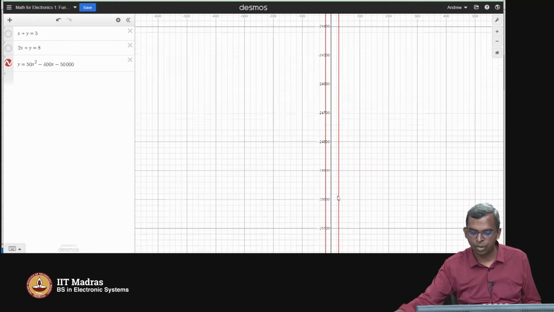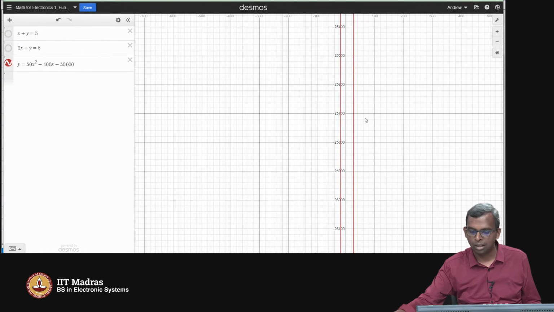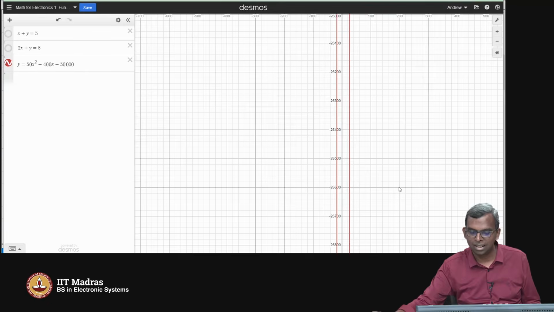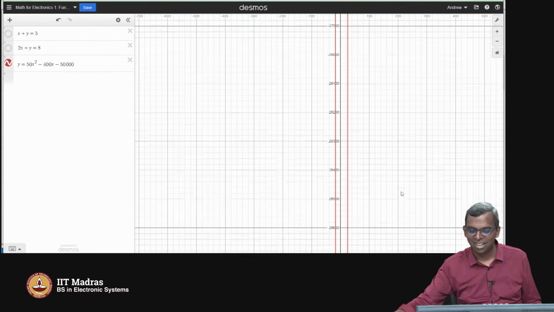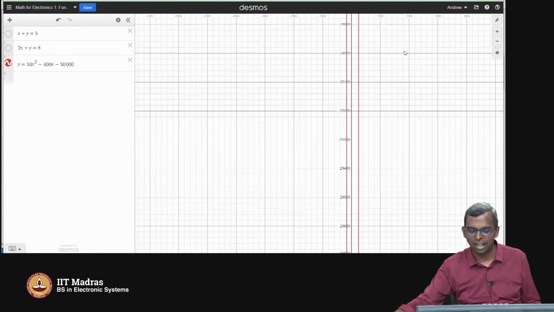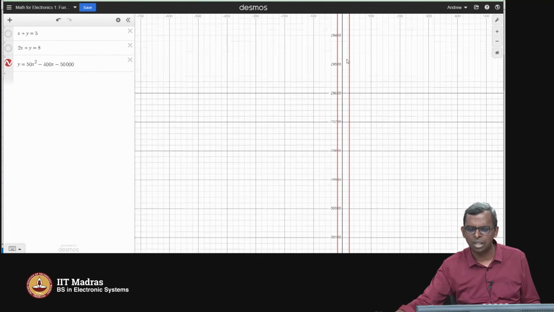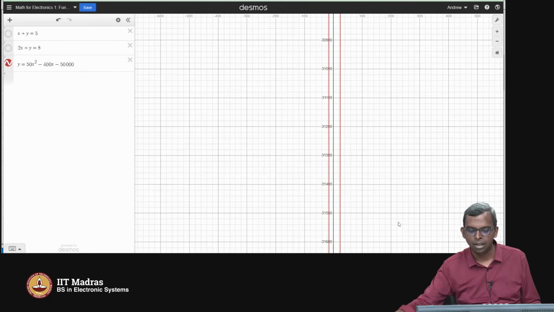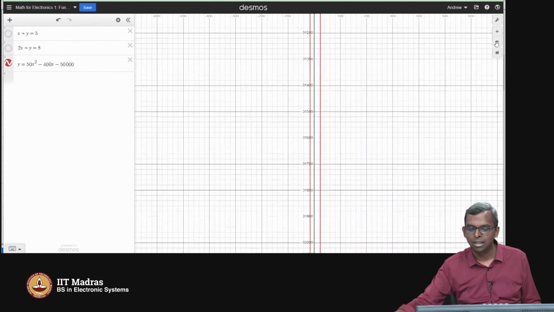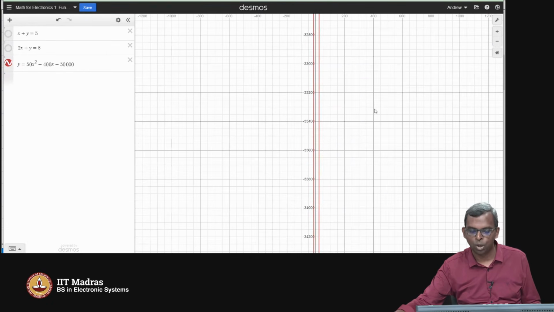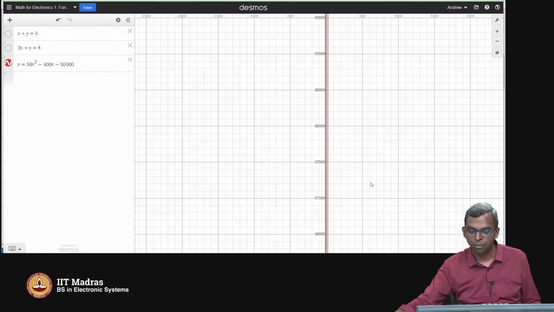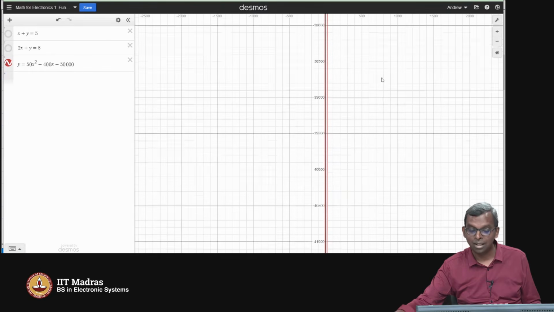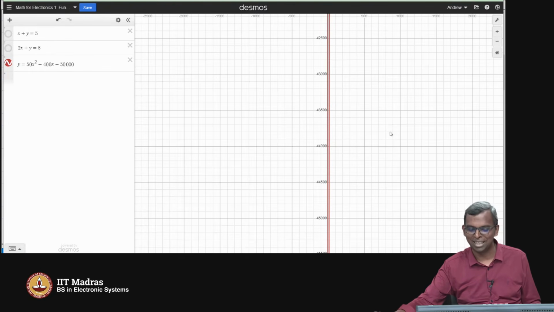But if you go all the way down, you can see that this is actually a parabola, an upward looking parabola. We will see later on how to derive these things. So this also shows you the limitation of the graphical method. Sometimes when the scales go out of whack, you get really thrown off by this graphical method. It's a bit of a pain to understand. You have to visualize. It's better to do something analytically here.